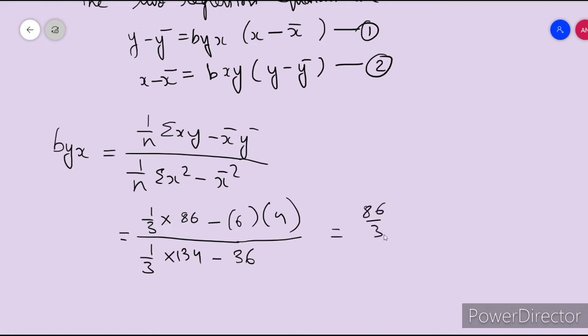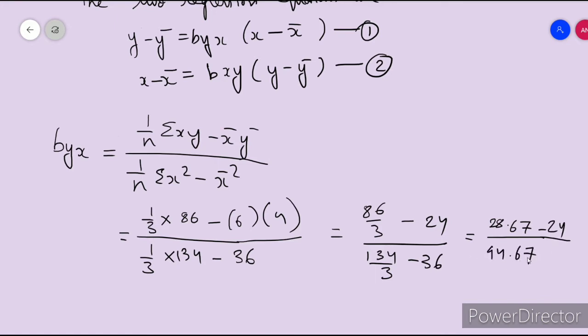So we get 86 divided by 3, minus 6 4s are 24. Over 134 divided by 3, subtract 36. What we get is 28.67 minus 24, over 44.67, approximately 134 divided by 3, 44.67 minus 36.